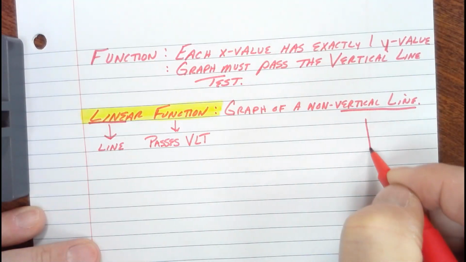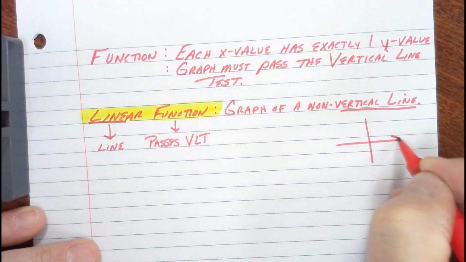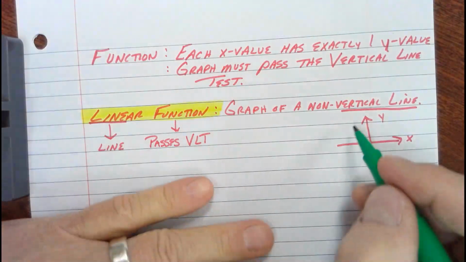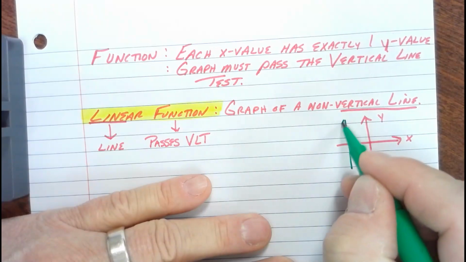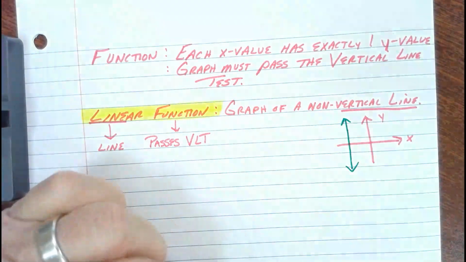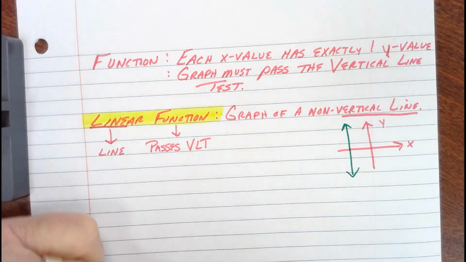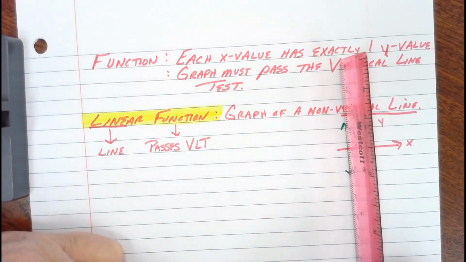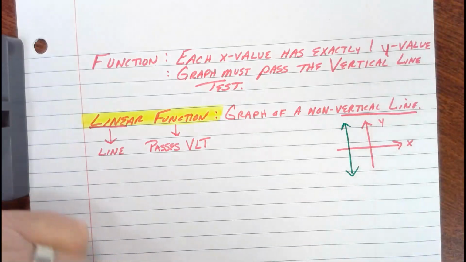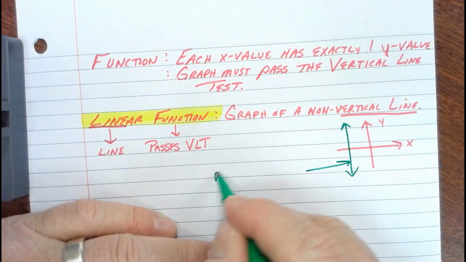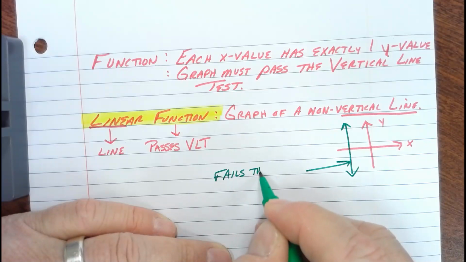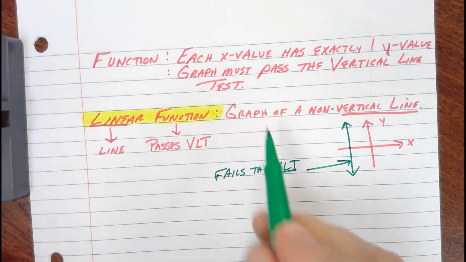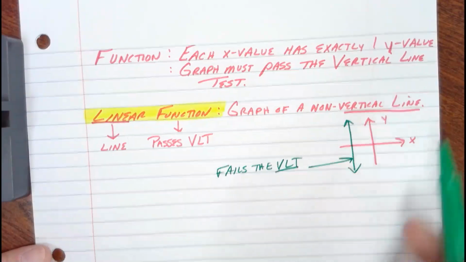A vertical line would be this, and guess what? That doesn't pass the vertical line test. This fails the vertical line test. And that's the reason it can be a graph of a non-vertical line.